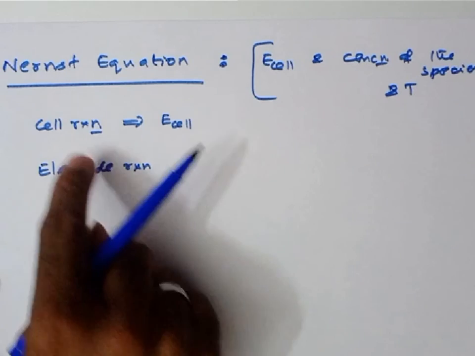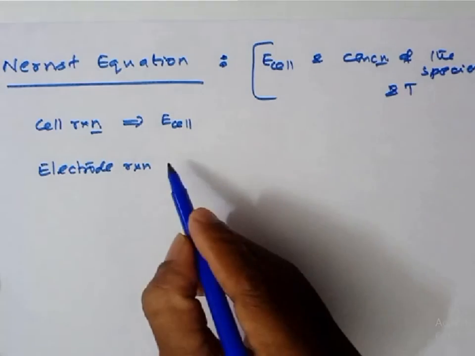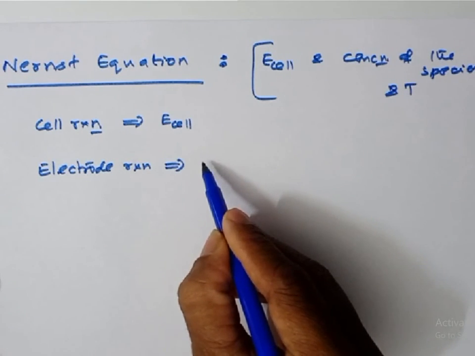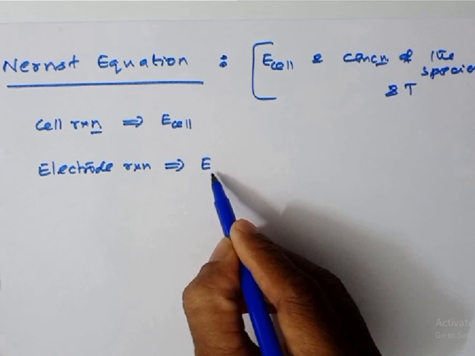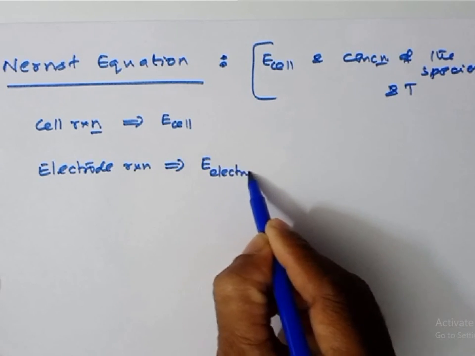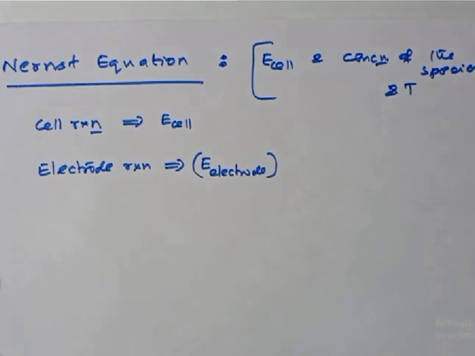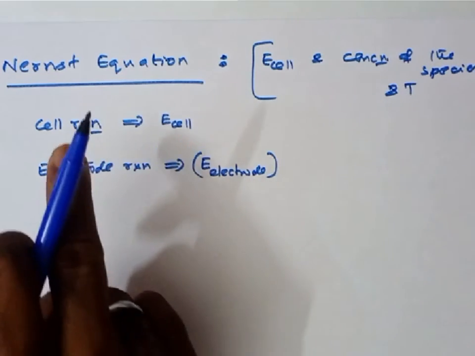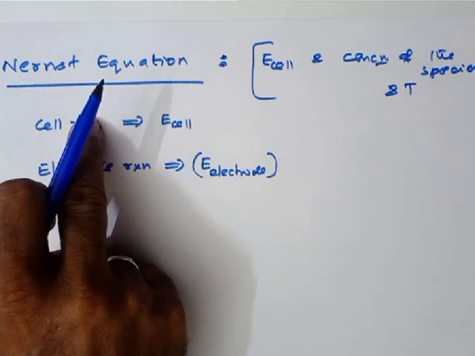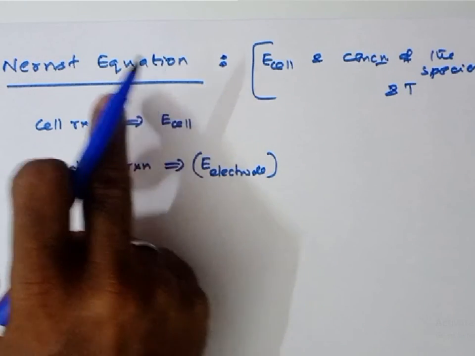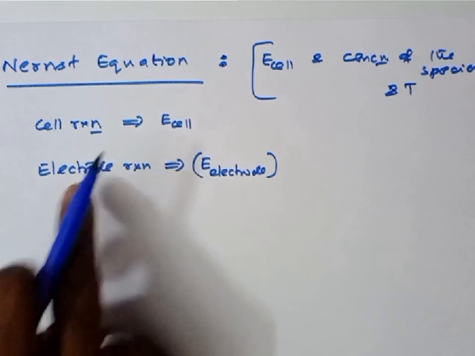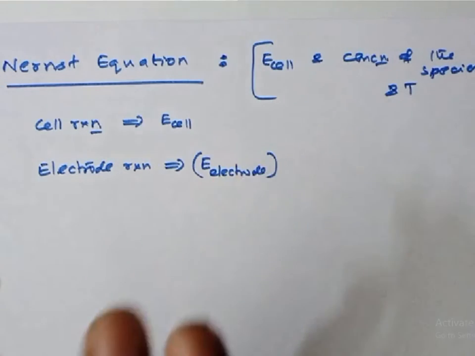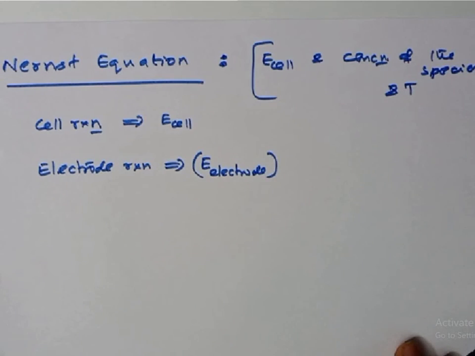So if you apply Nernst equation to an electrode reaction, you will get the corresponding electrode potential. I'll put E electrode. It may be anode or cathode. So if you apply Nernst equation to a cell reaction, you will get a cell potential. If you apply it to an electrode reaction, you will get the corresponding electrode potential.